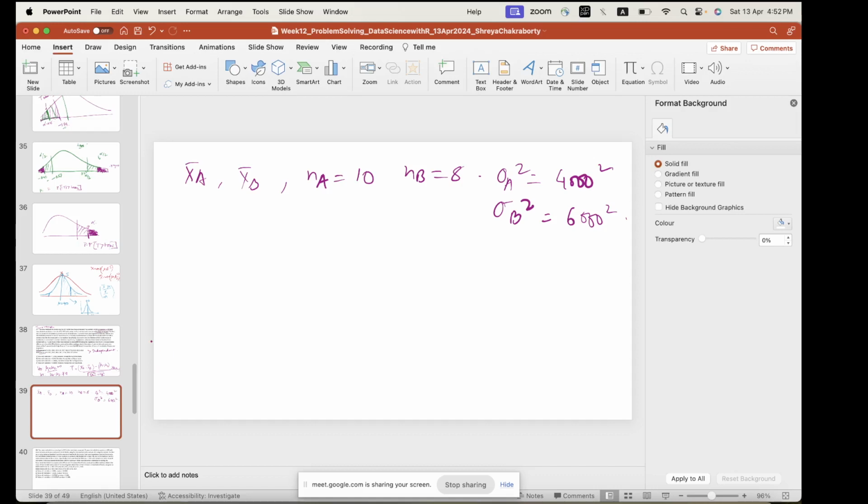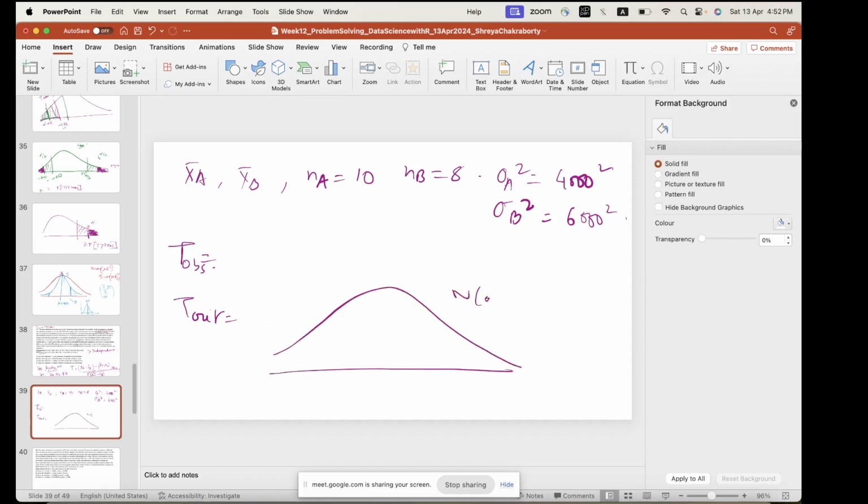Then we can get the test statistic formula. We'll find out the value of T observed, and T critical would be this point.